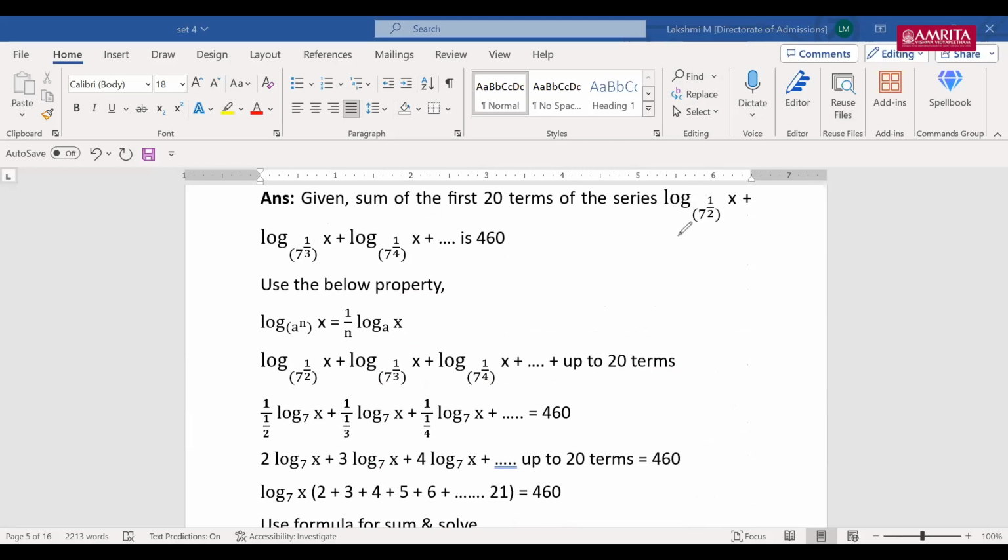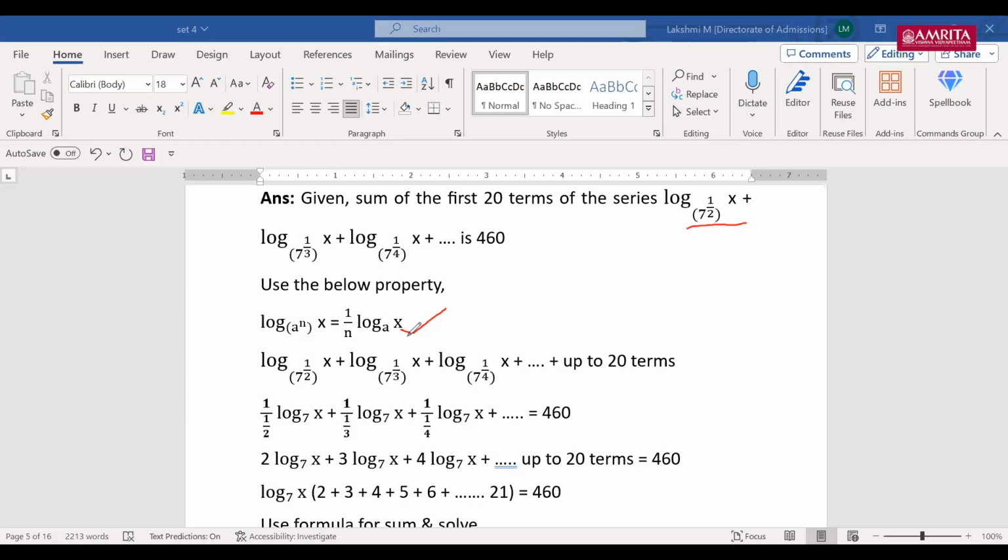what is actually this? Log x 7 raised to 1 by 2. I hope you remember this property that you have studied. Whenever it comes in this form, here a raised to n, it's 7 raised to 1 by 2, you will be able to write this as 1 by n into log a x.